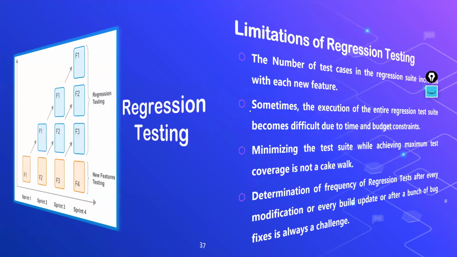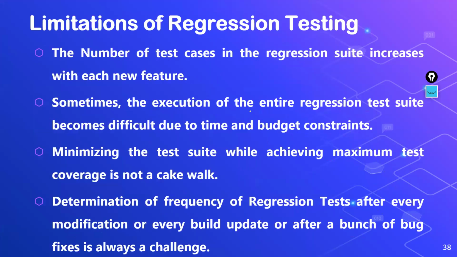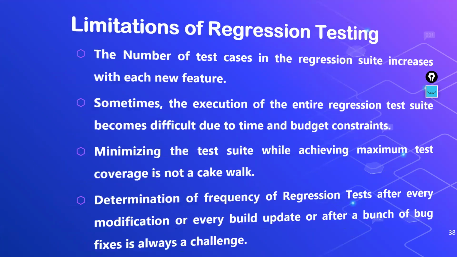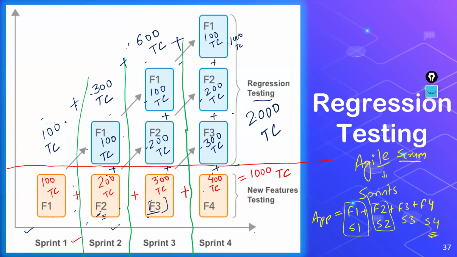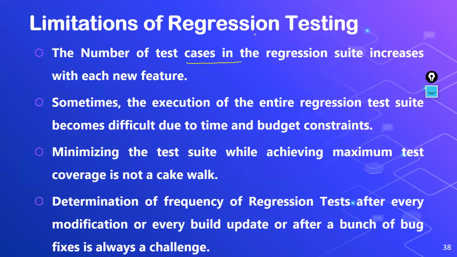That is how it is. And that's why regression comes with these limitations also, because the number of test cases, of course, will increase. That's what we saw here, right? Because with each feature, you have to test the previously implemented features again. Sometimes, executing all these test cases is difficult because ultimately you're doing rework here, right?